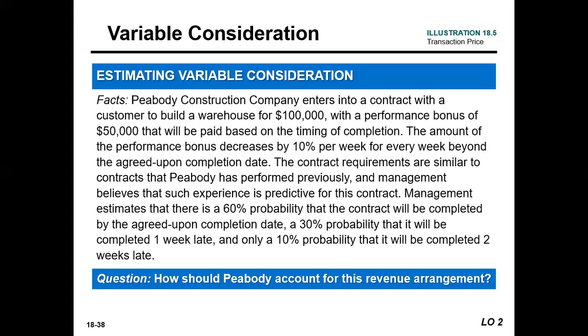The contract requirements are similar to the contracts that Peabody has performed previously, and management believes that such experience is predictive for this contract. Management estimates that there is a 60% probability that the contract will be completed by the agreed upon completion date, a 30% probability that it will be completed 1 week late, and only a 10% probability that it will be completed 2 weeks late. So how should Peabody account for this revenue arrangement?